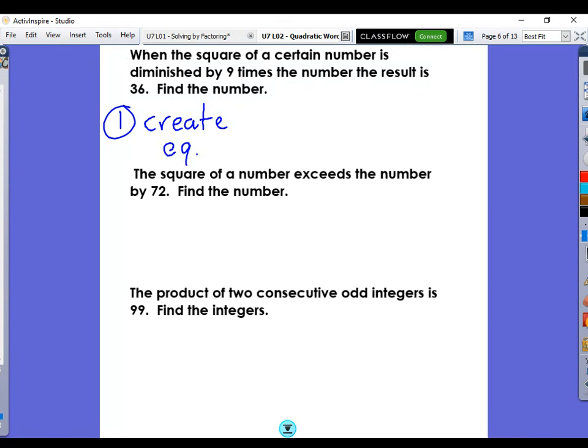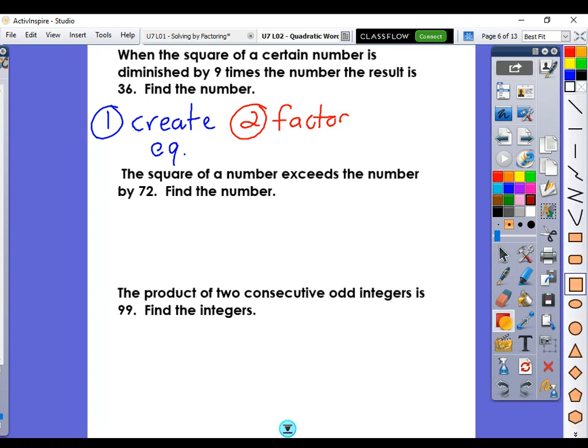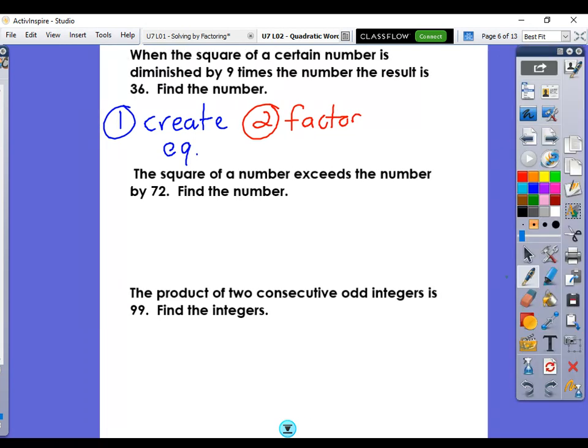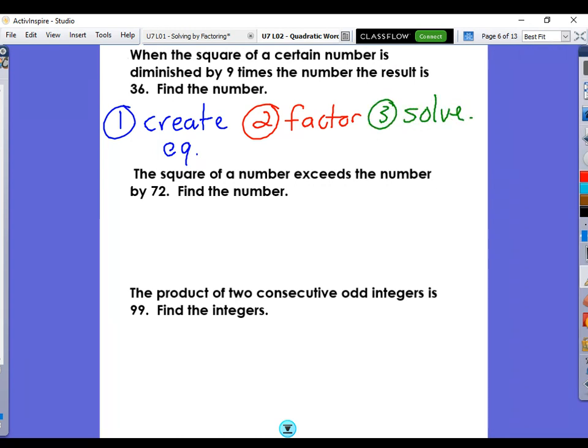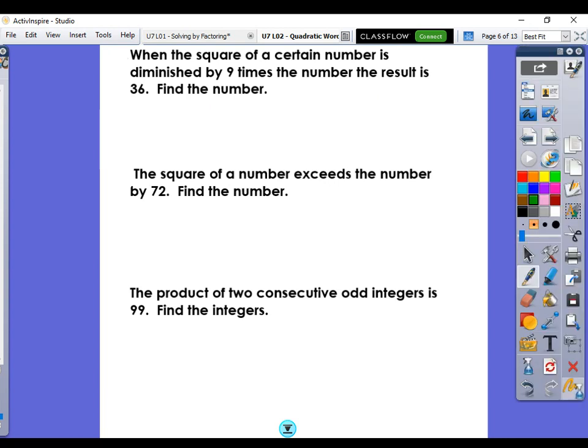And then once you have created that equation, the second thing is you're going to have to factor that equation, right? And the whole reason we're factoring is so that once we have factored, you're going to be able to solve, okay? So there's a lot here. We're going to spend today and a bit of tomorrow's lesson on this as well. But that's our three-step process.